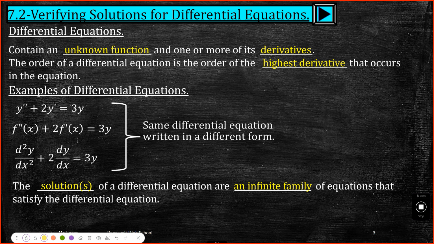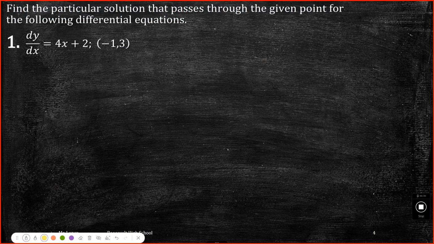Here we go. So here's problem 1. Find the particular solution that passes through the given point for the following differential equations.